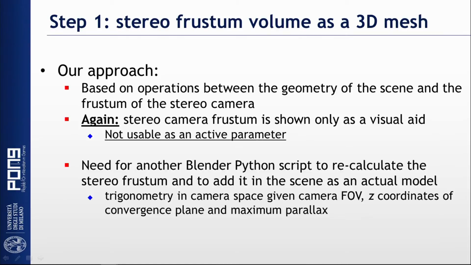Again, all this calculation is already done in Blender, but it is not provided other than as a visual aid, a visualization of where to place objects in order to have an idea of what will be the final depth. It's not very complicated because we know the FOV, we know the distance of the convergence plane, we have calculated where the maximum parallax plane is, so it's just some trigonometry to find the vertices.